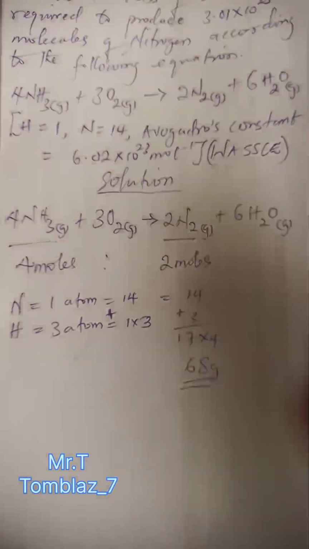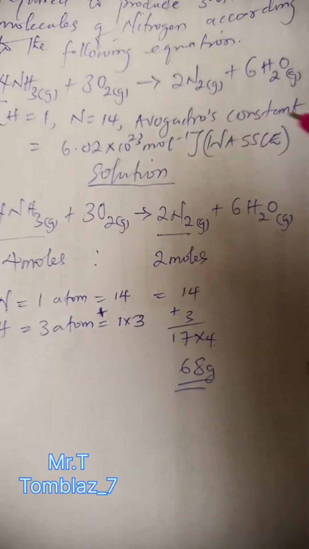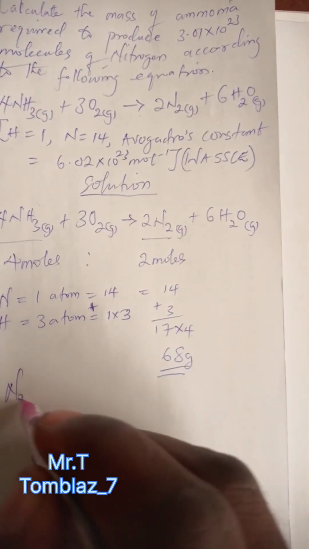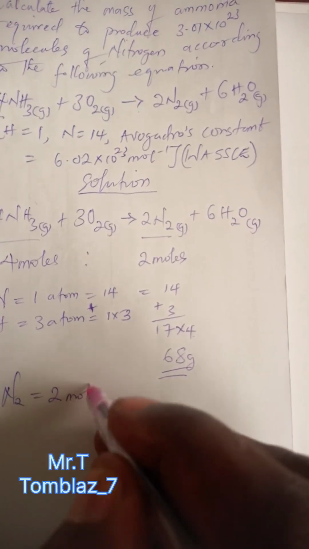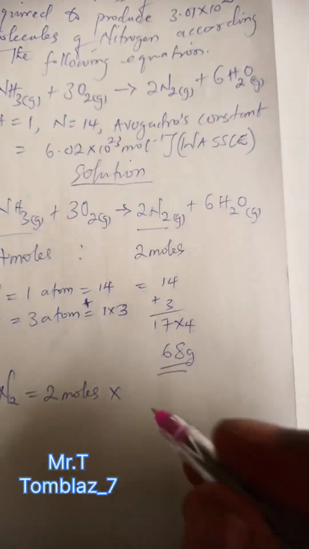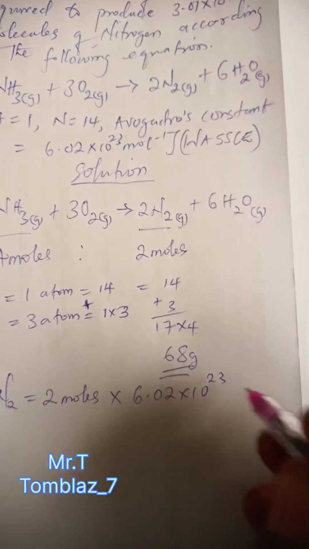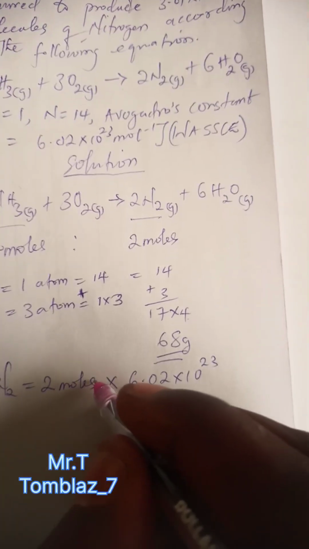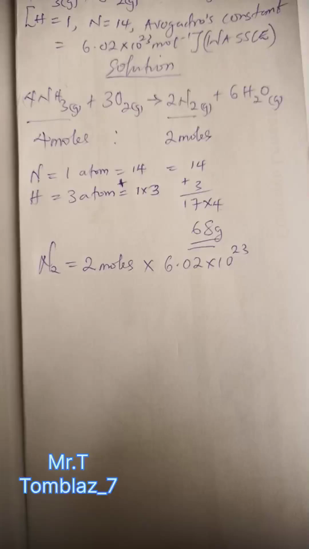Now when you come to nitrogen, now you are talking about the molecules, right? So for this nitrogen gas, it's going to give you 2 moles times the Avogadro constant, which is 6.02 times 10 raised to power 23, right? So now since we are dealing with this, let's relate them together.